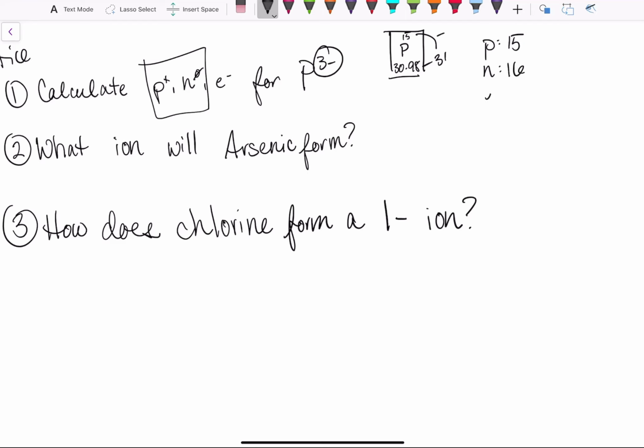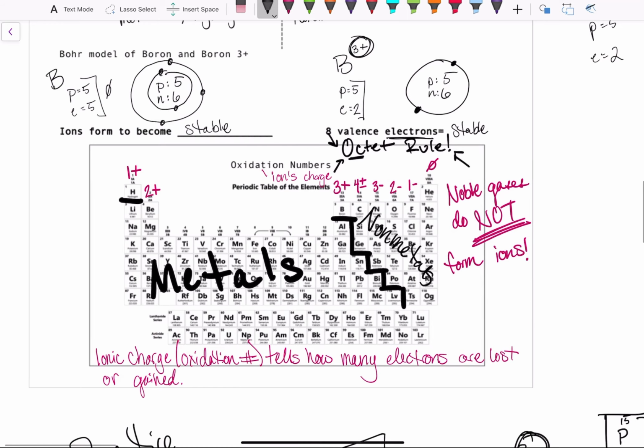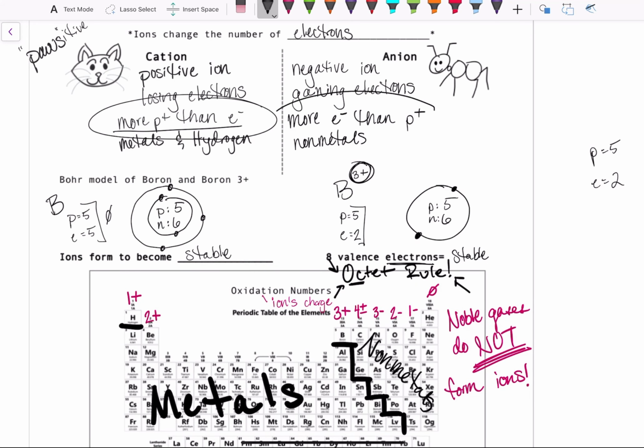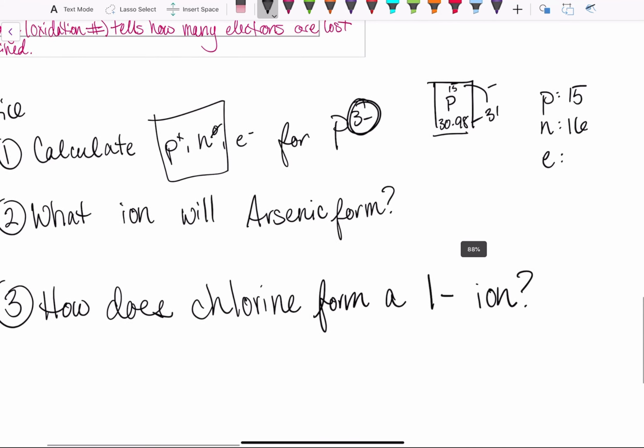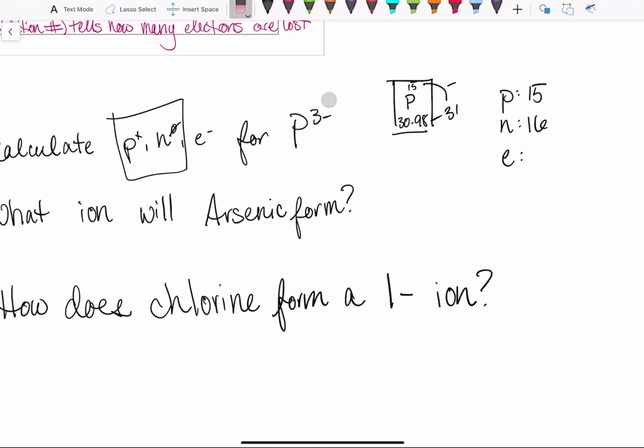For electrons, we notice that we have an anion, and we remember from the notes that anions have more electrons than protons, which means we are going to be gaining electrons. And specifically, we're going to gain 3 electrons because this number is 3. So we're gaining 3 electrons.